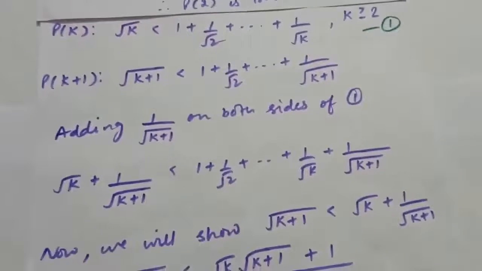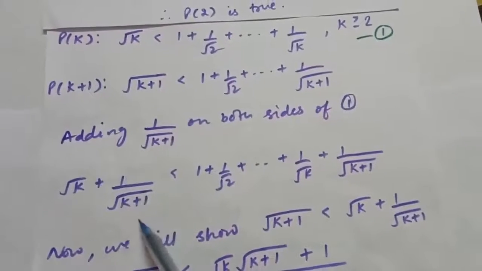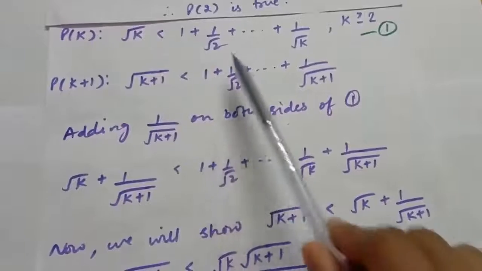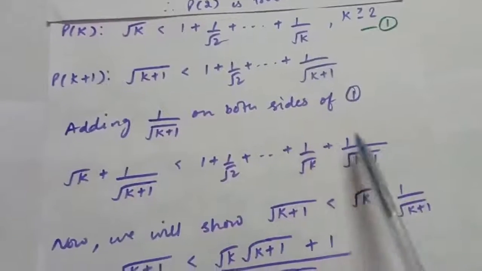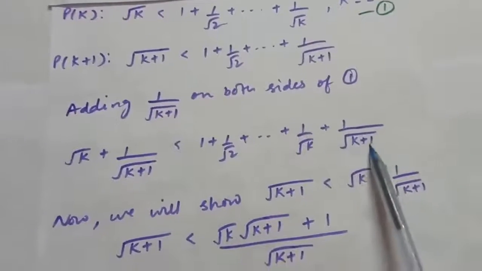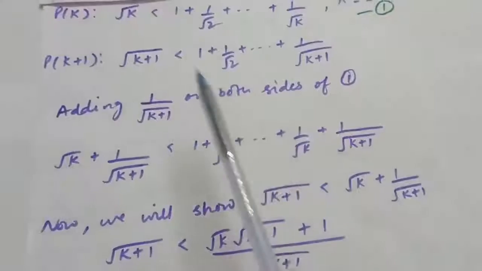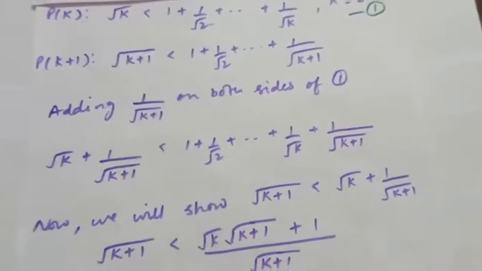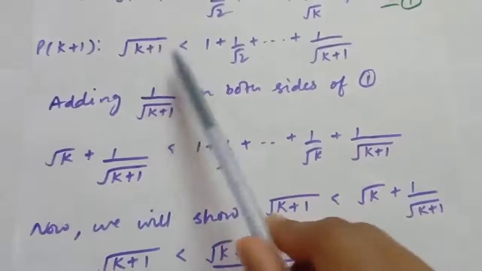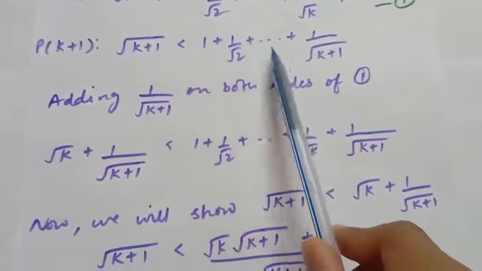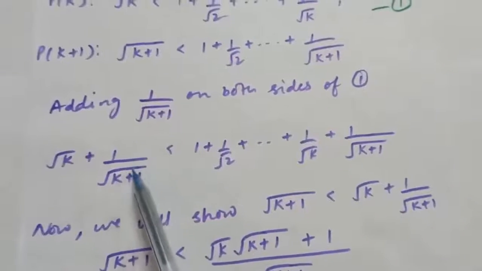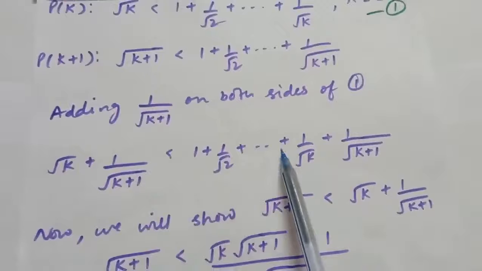So adding 1 upon root (k+1) on both sides, you will get root k plus 1 upon root (k+1) is less than this complete term plus 1 upon root (k+1). Now we will show that root (k+1) is less than this term. Why? Because we want to show root (k+1) is less than this, right? And we have shown that this is less than this.